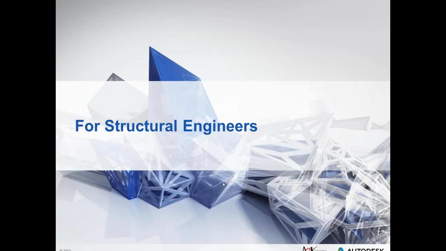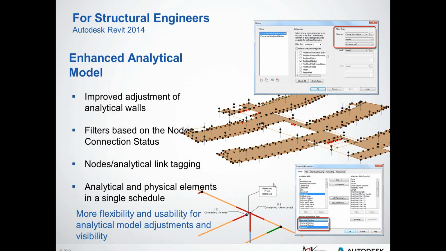For structural engineers, there's a lot of improvements around the analytical model, in particular when it comes to nodes. We can see here up in the top right-hand corner we've got an image. Basically, we can now filter nodes a little bit better in a view.